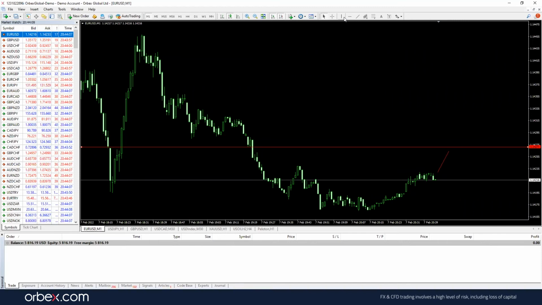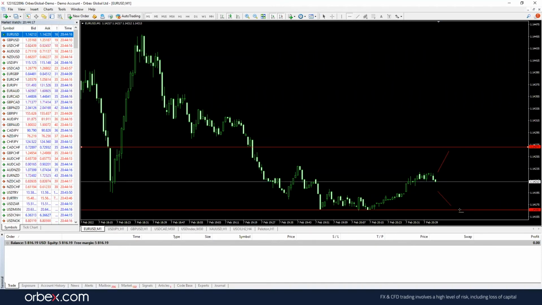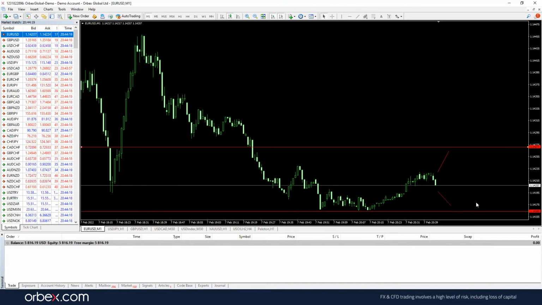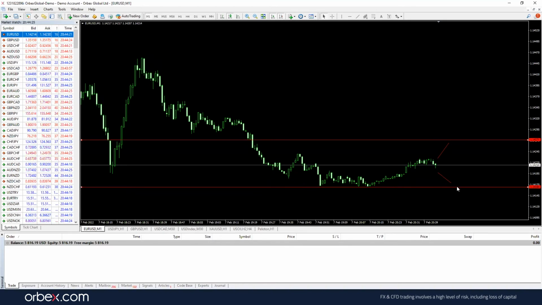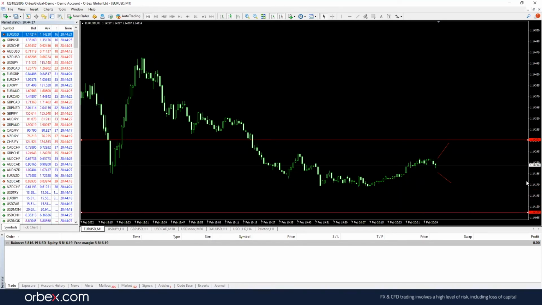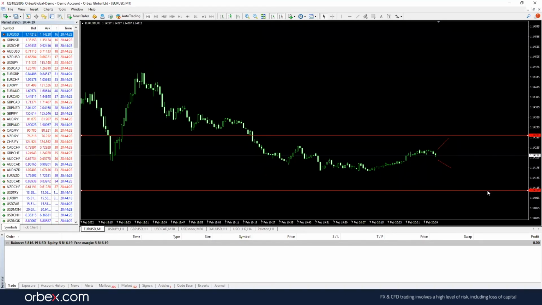Conversely, a sell stop needs to be placed below the market price. So for argument's sake, I think the market will drop to, let's say, 114, because it's a nice psychological area, 114 round.